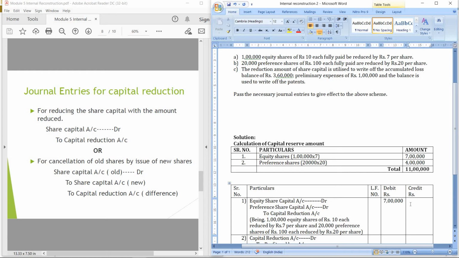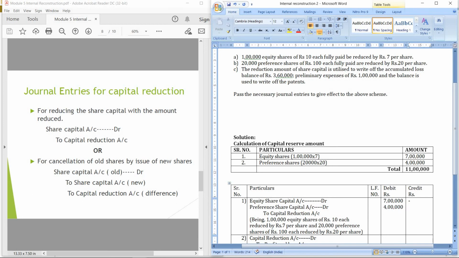In the credit column we put a dash. Then preference share capital account debit. How much amount is reduced? 20,000 shares into 20, so that will be 4 lakhs.